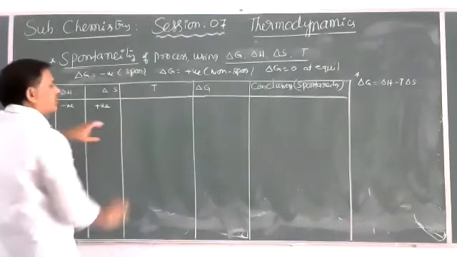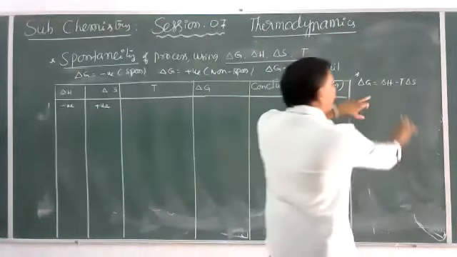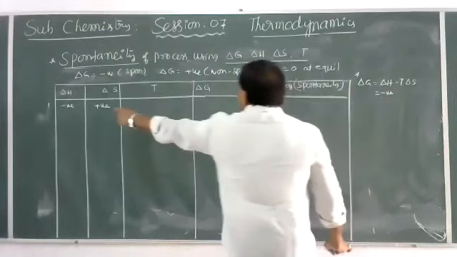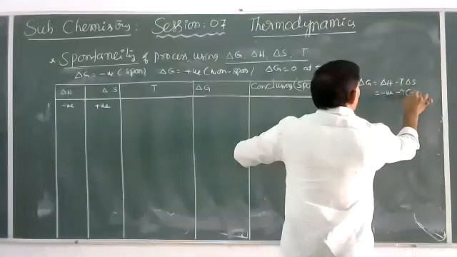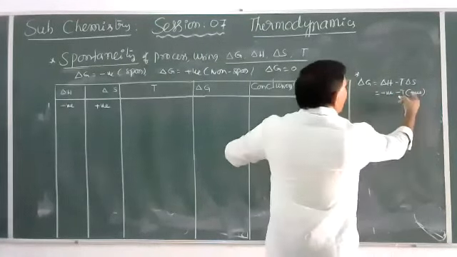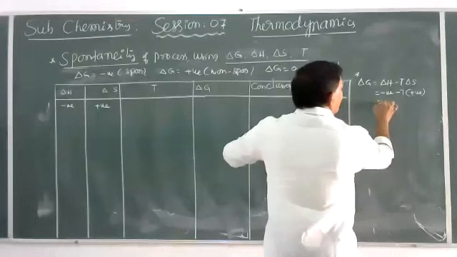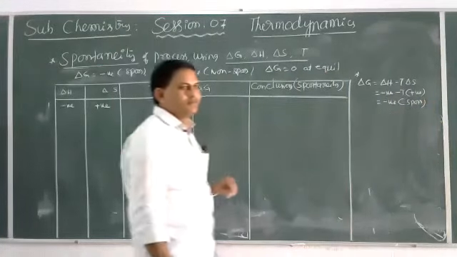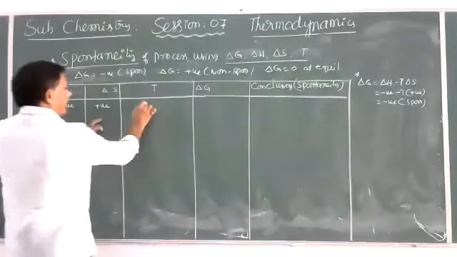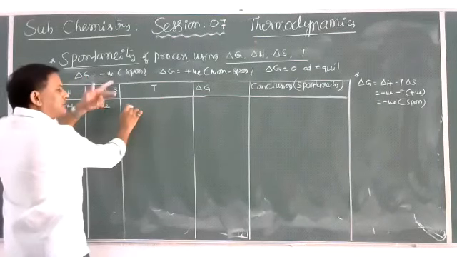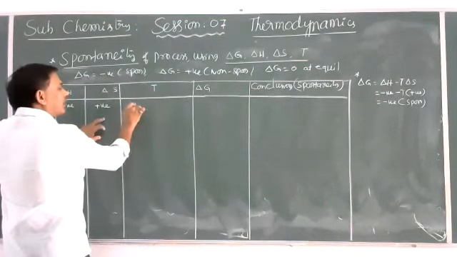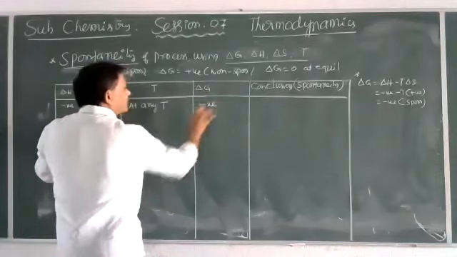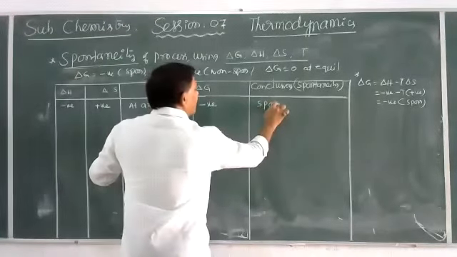Now observe: delta H is negative, delta S is positive, T into positive value, so positive into negative is negative, the total value is negative. Negative means it is spontaneous. That's why whether the temperature is low or high, at any temperature this value is negative. It is a spontaneous process.